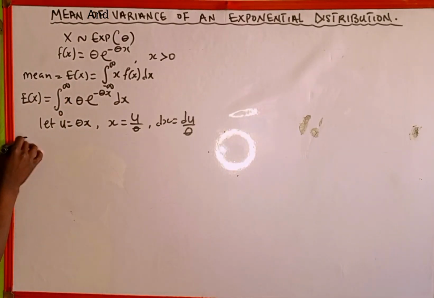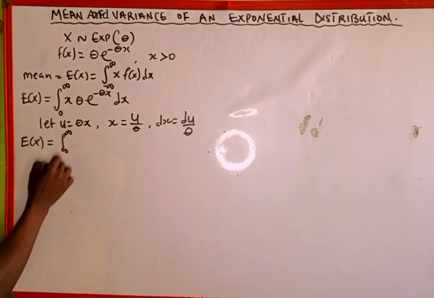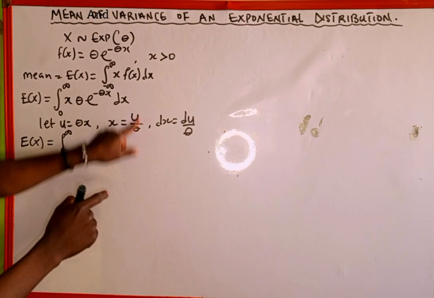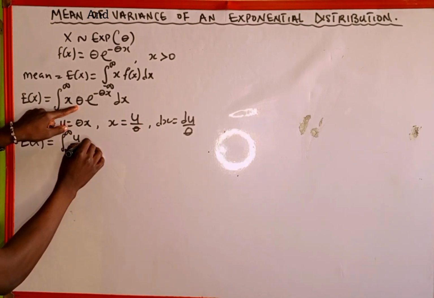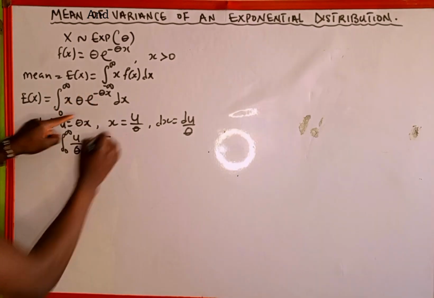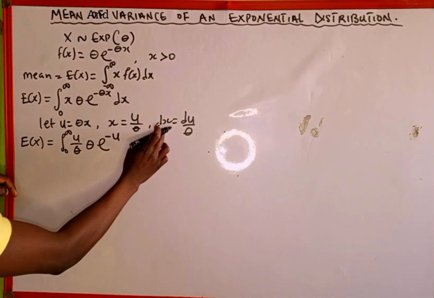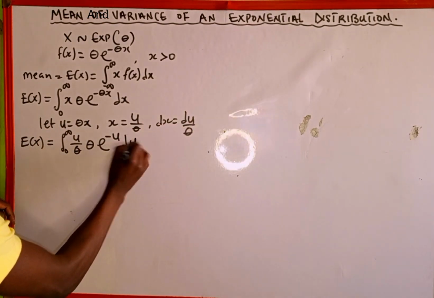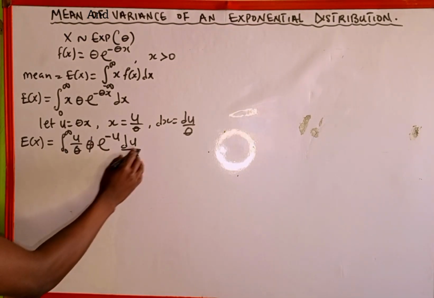Therefore, the expected value of x will be equal to the integral from 0 to positive infinity. In place of x is u over theta, then multiplied by theta e to the power minus, then theta x is the same as u, and dx is the same as du over theta. So this theta is going to cancel out this theta.